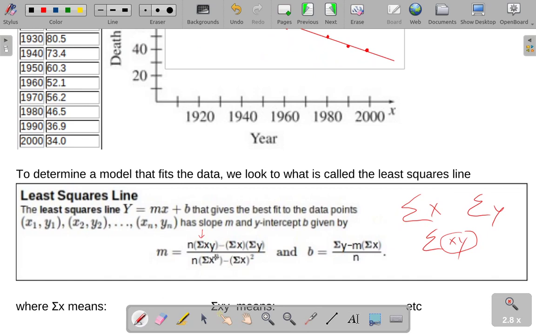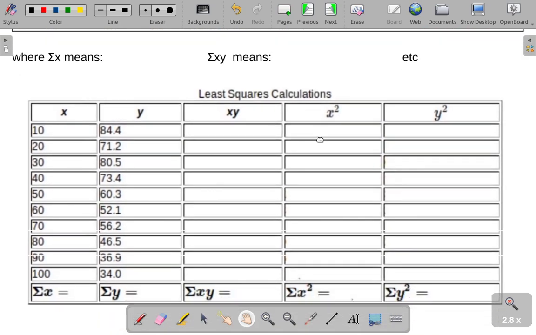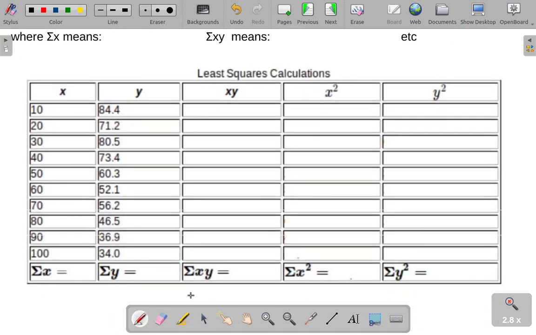And you can do other things. You can see here there's a sigma x squared. It's going to take the x coordinates, square them, and then add all of those up. If you're doing this by hand, you have to go through and do all these individual parts.